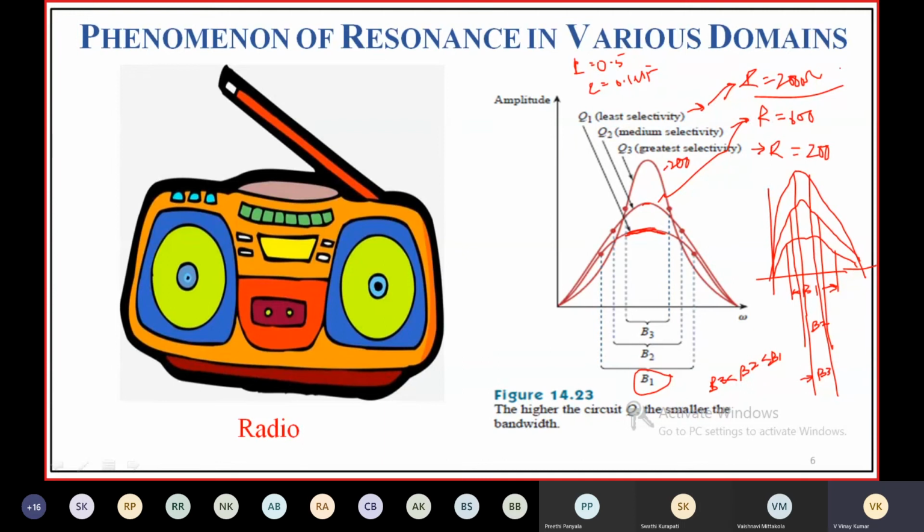Okay, so here it is more bandwidth. Here bandwidth is less. Less bandwidth means more selectivity. More bandwidth means less selectivity. If bandwidth is more, it means less selectivity.